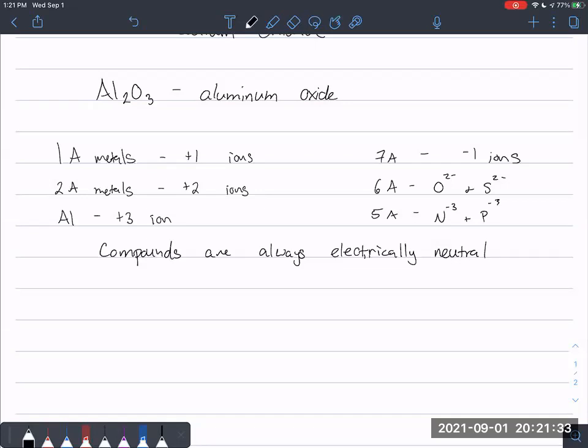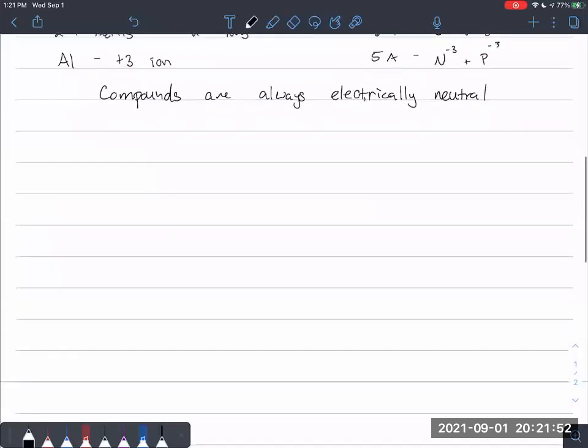Meaning that the total positive charge has to equal the total negative charge. And this is where things can get interesting, because we have something like this.